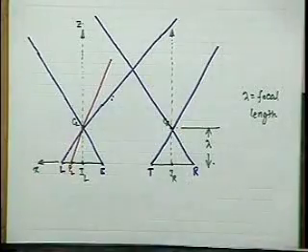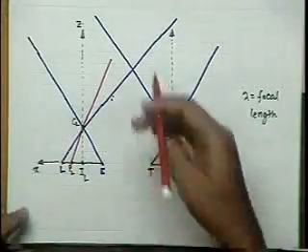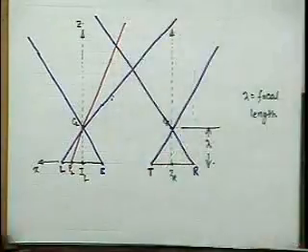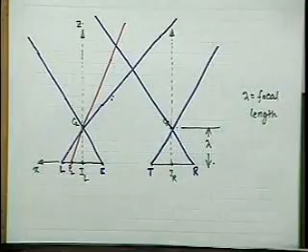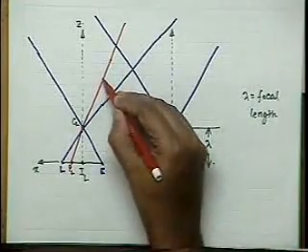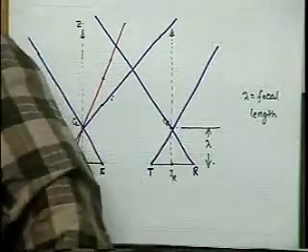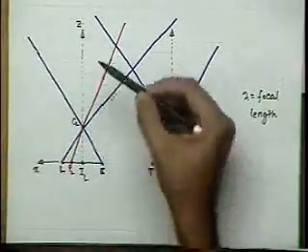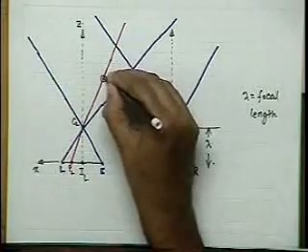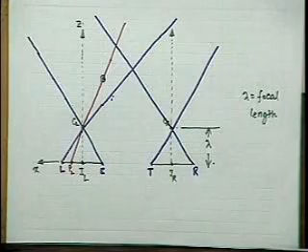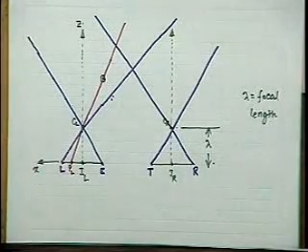Now, I extend this ray from PL further. Tell me, if the point P happens to be somewhere over here, in that case, will it be seen by both the cameras?